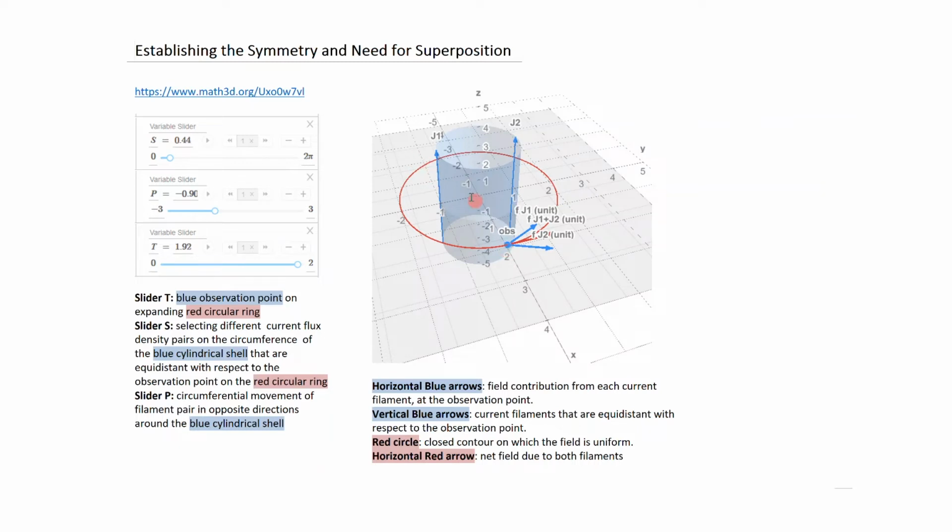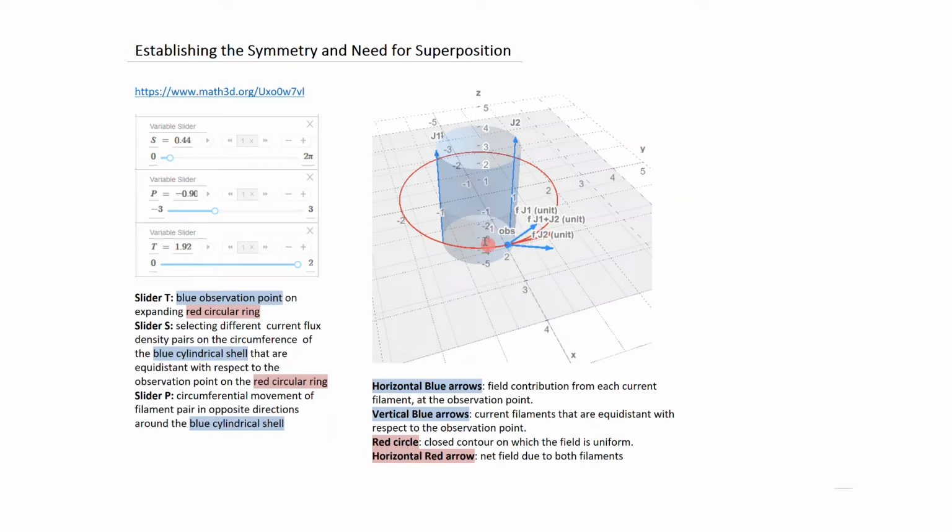Now, we can move this one slightly in this direction, this one slightly in this direction. What we'll find is that when we do the summation of the two, we still end up with a field pointing in this direction. So for all combinations of filaments, it's in this direction.